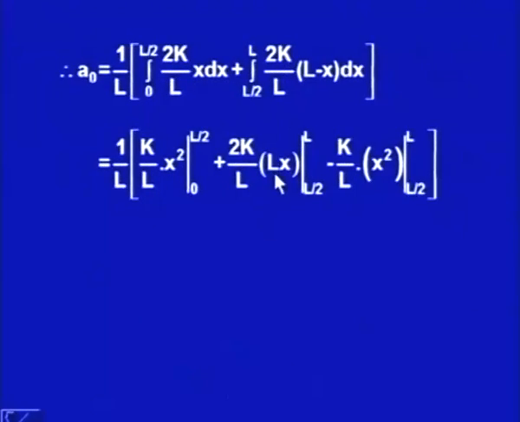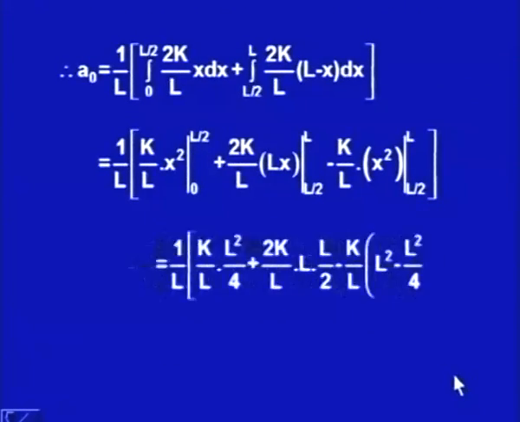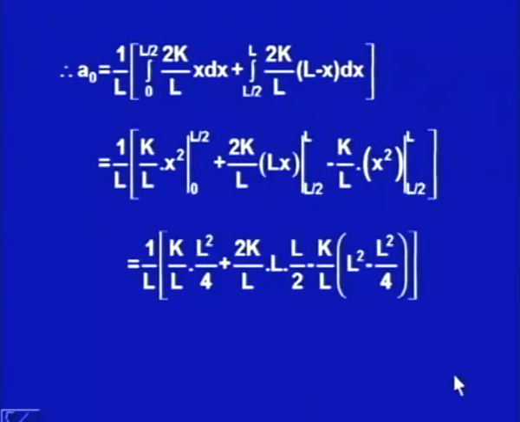Similarly, here we will get L times x, and this integral would be k by L times x square, evaluated here from 0 to L by 2, and here from L by 2 to L. Just doing these calculations we get 1 by L times k by L into L square by 4 plus 2k by L into L by 2 minus k by L into (L square minus L square by 4), and at 0 the function would be 0 for all the values, which after simplification comes out to be only k by 2. So, we have got a naught as k by 2.